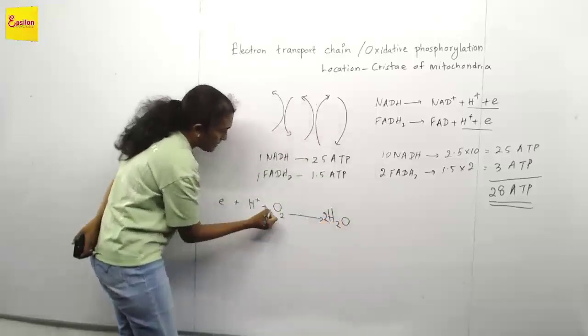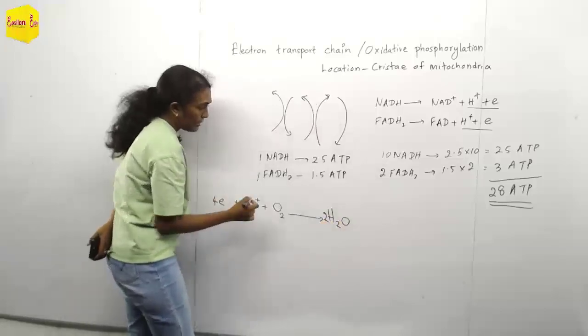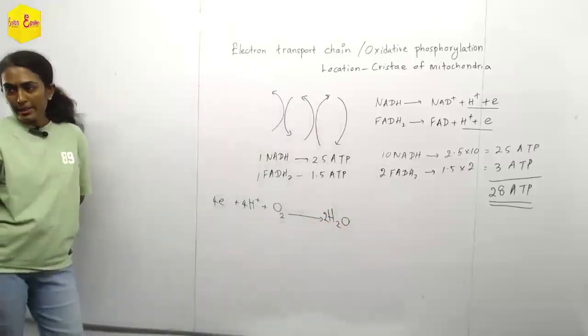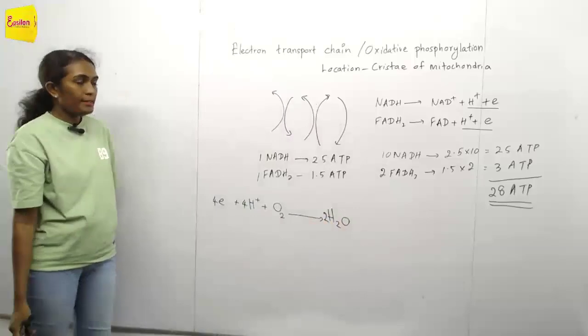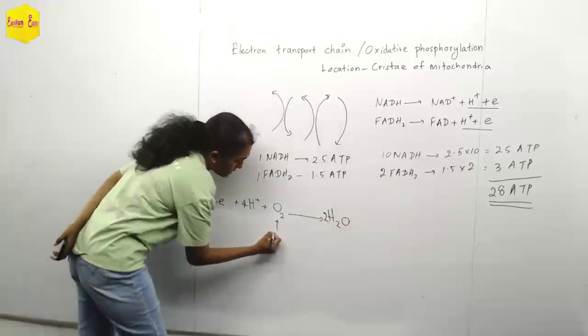Two of these, four electrons, right? So here is the final electron acceptor of cellular aerobic respiration. What is it? Molecular oxygen.